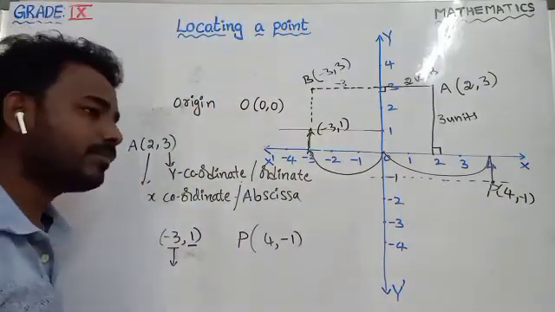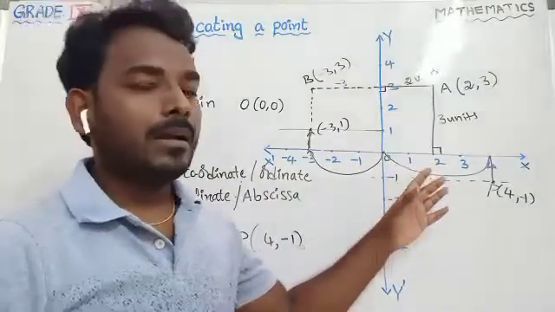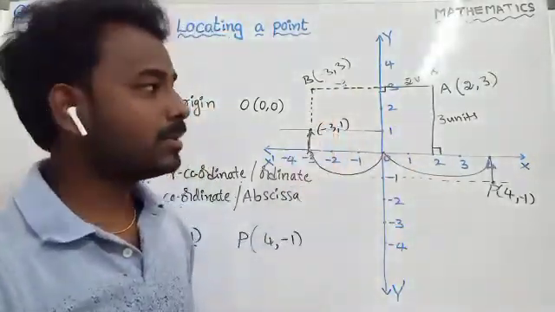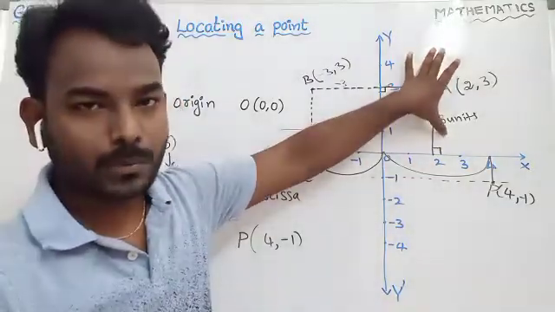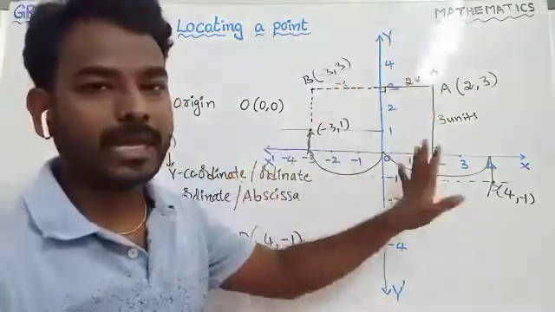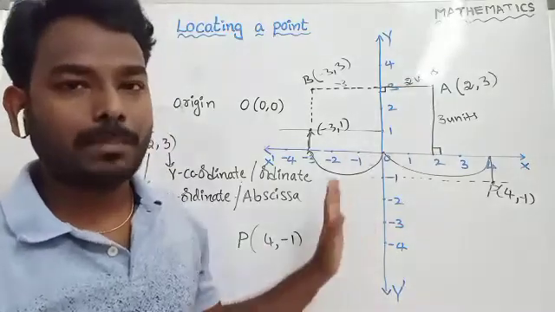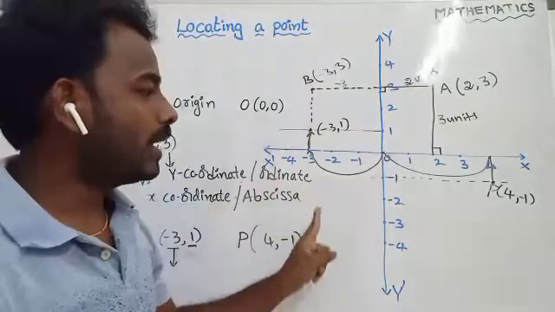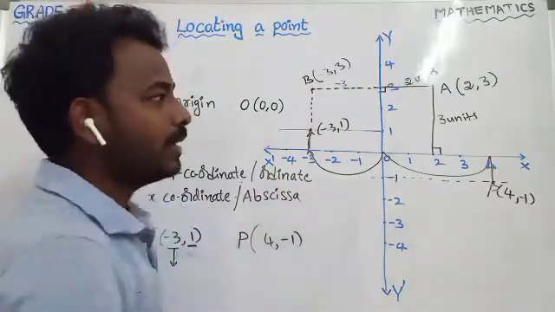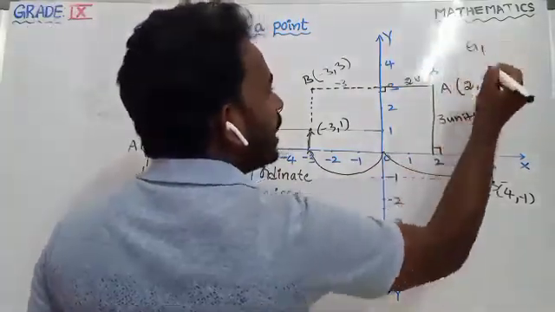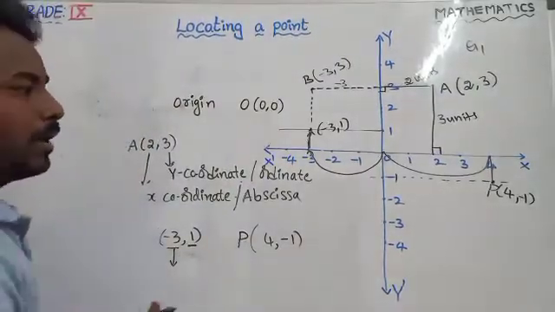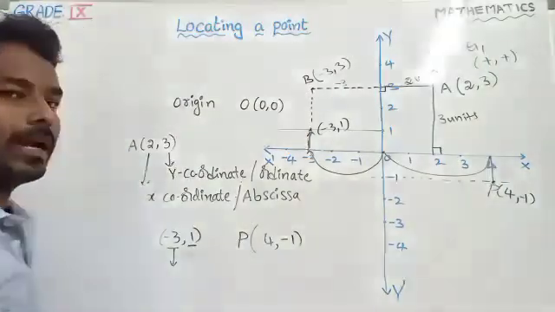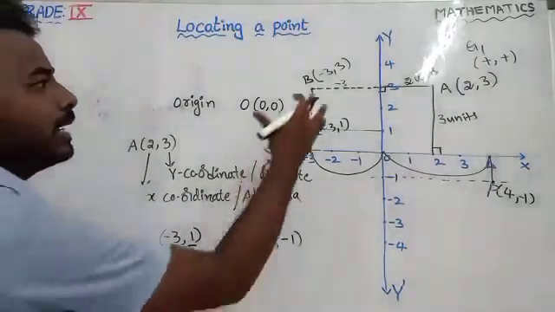Here the coordinate plane is to be considered as 4 regions. What are those? This is called quadrant 1. The x-axis and y-axis divide the total plane into 4 regions: quadrant 1, quadrant 2, quadrant 3, quadrant 4. In quadrant 1 all points are plus and plus, both the x coordinate and y coordinate are positive.